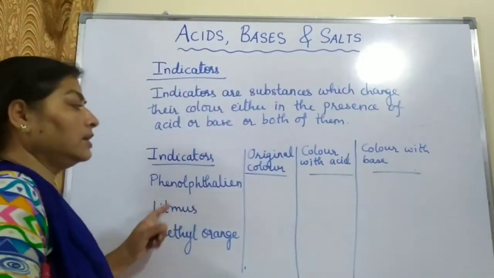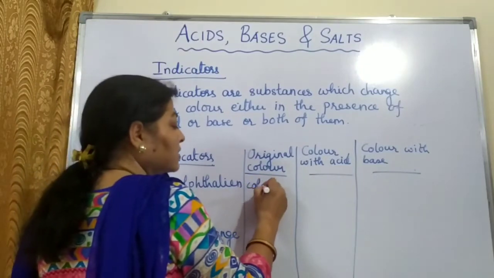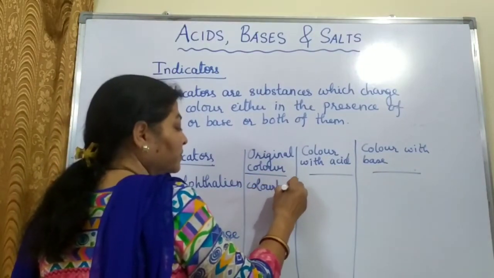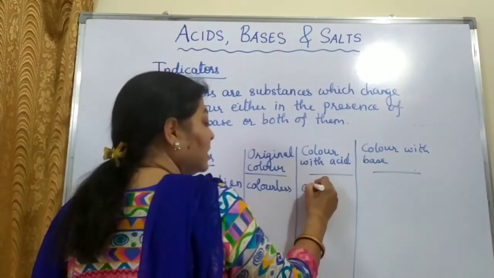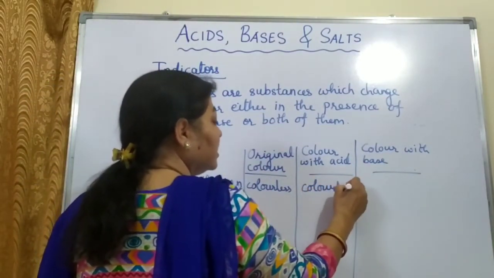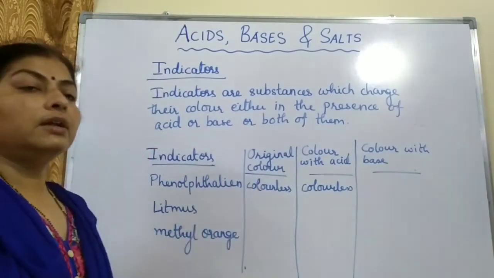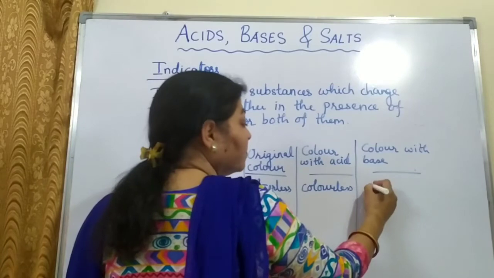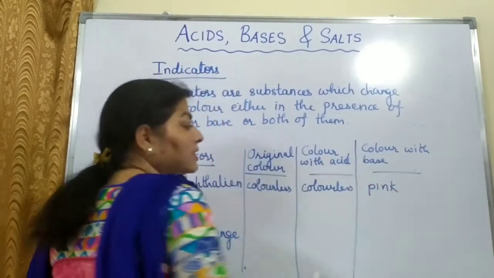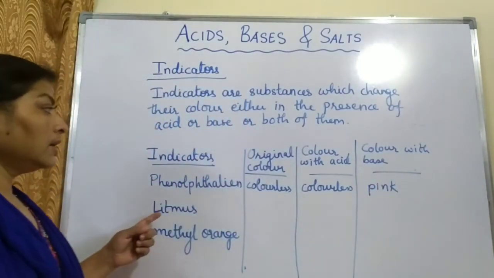Now phenolphthalein, its original color is colorless. It just appears like water. So it is colorless, and in acid it remains colorless only. It does not show any change in color with acid, but when a few drops of base are added, then it will change to pink color. So in basic medium it gives pink color.